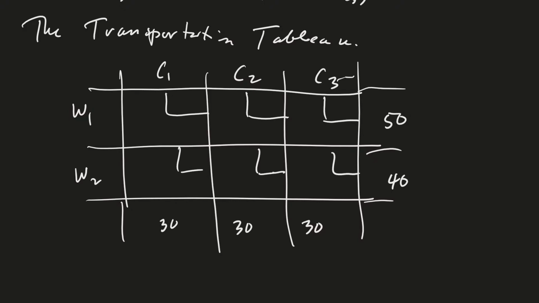The reason being that I want to save these areas for how much is going from warehouse i to customer j. So leave these spots open for now, and those are what we're going to fill in with numbers. And in fact, this would be our x11, x12, x13, x21, x22, x23.